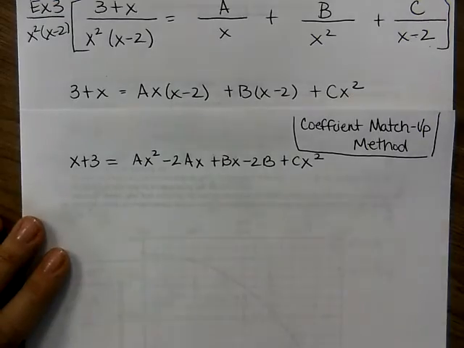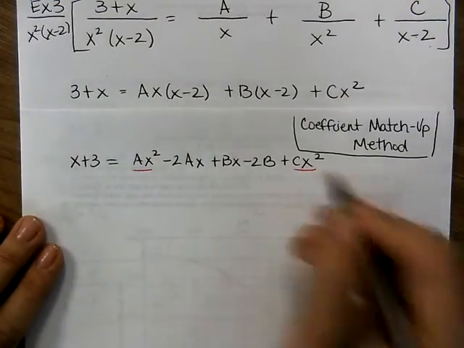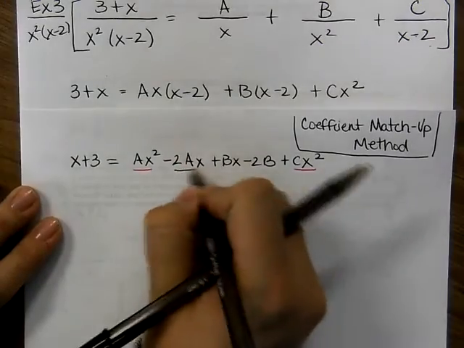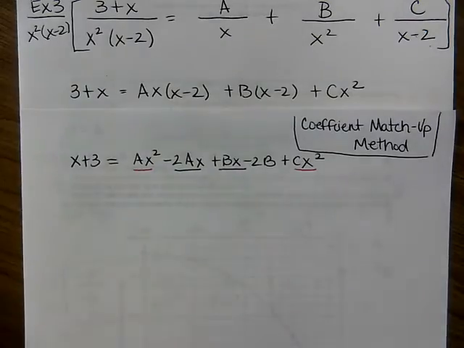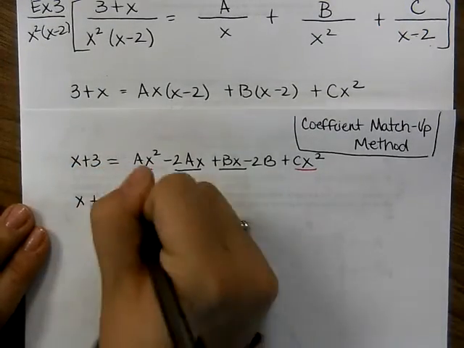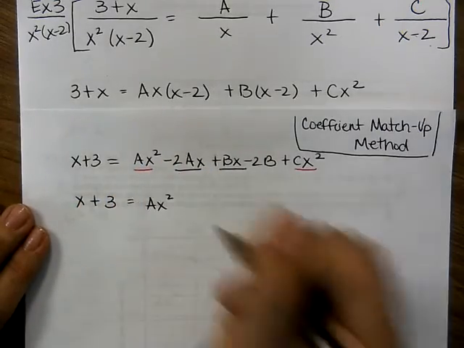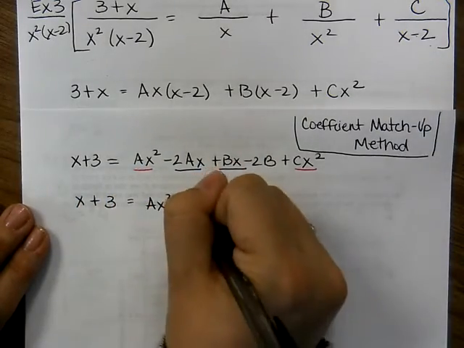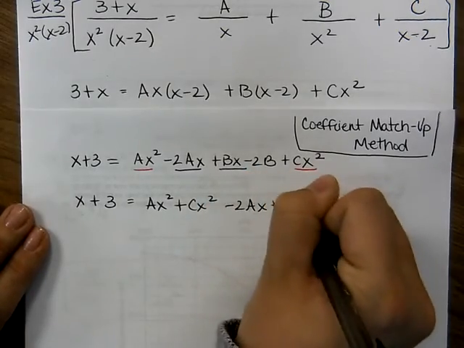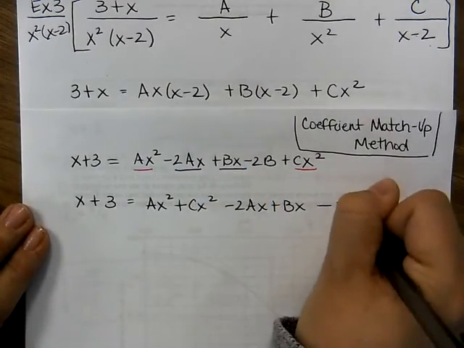Now, I notice this x squared has 2 terms, so I'm going to group them together. And these two are x terms, so I'll group them together. So now I have x plus 3 equals ax squared plus cx squared minus 2ax plus bx minus 2b.